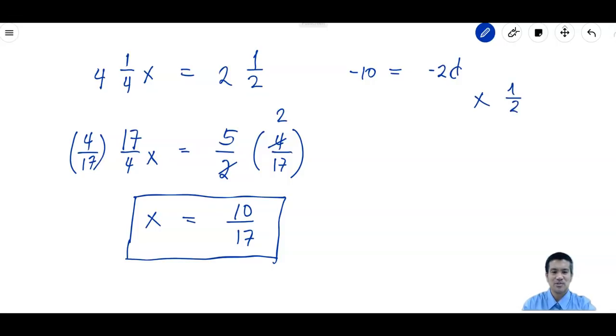So we multiply both sides. We get 1 over 2 times negative 10 equals 1 over 2 times negative 2d, right?